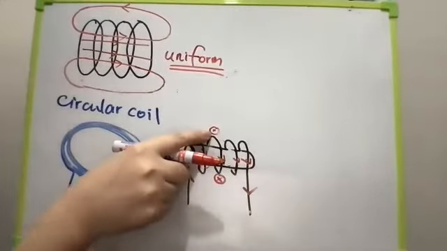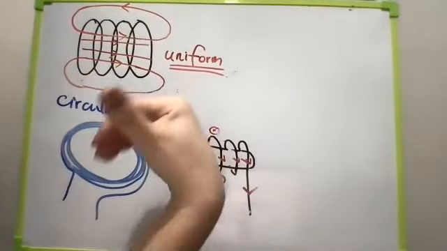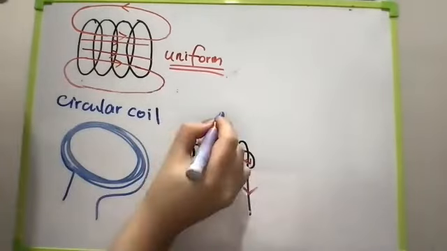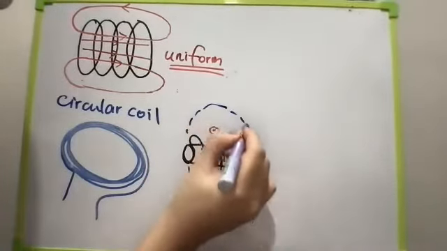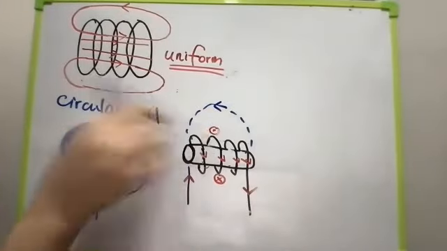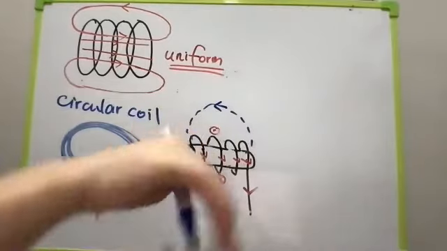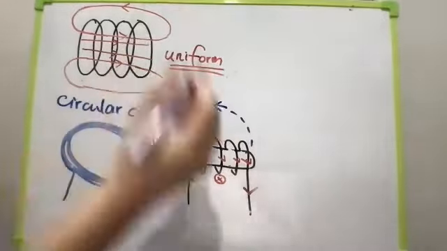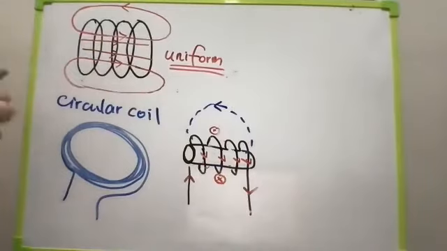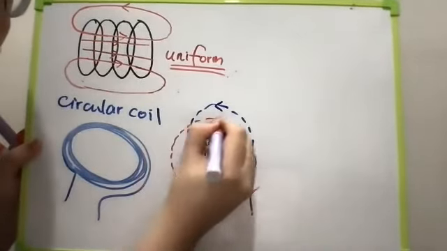What is the magnetic field for this? Let's draw it. Like this, right? So this is my magnetic field, going in this direction. How about this one? It curves, so it's going clockwise. So this one will have a clockwise magnetic field.